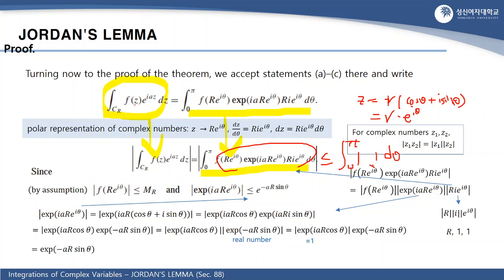This will be the same here. And look at this quantity. We see that for any pair of complex numbers g1, g2, we have this identity: the magnitude of the product of g1 and g2 is equal to the product of their magnitudes.